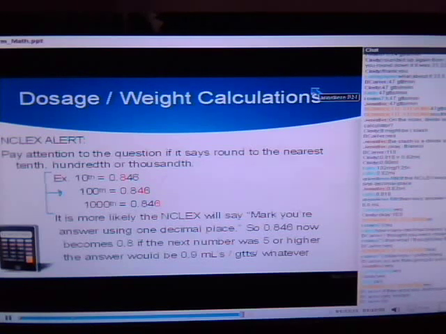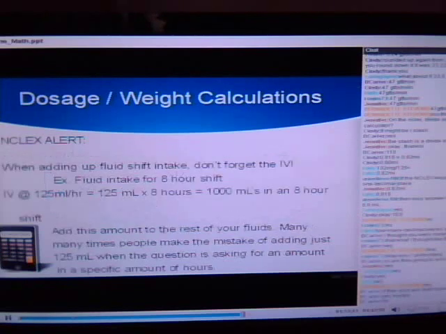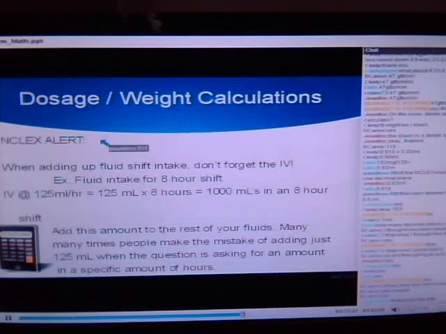If you're receiving 125 milliliters an hour, and the question is to figure out the fluid intake for an 8-hour shift, you have to take the 125 and multiply it by 8. And then add that up along with your other fluids.